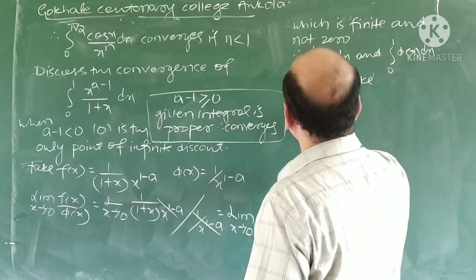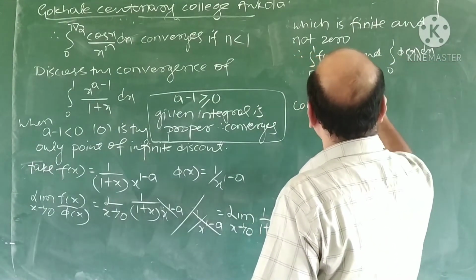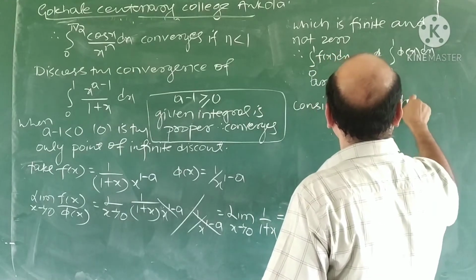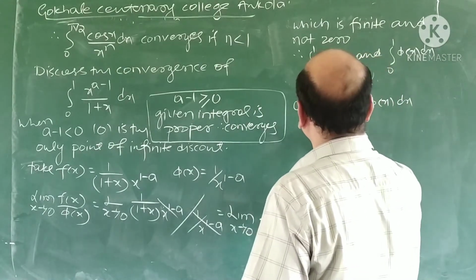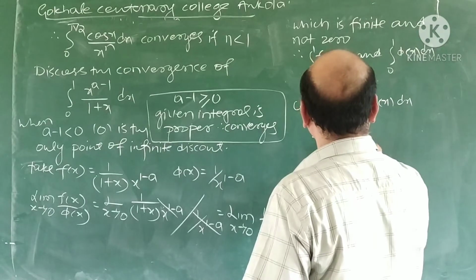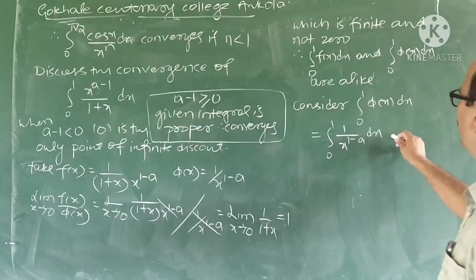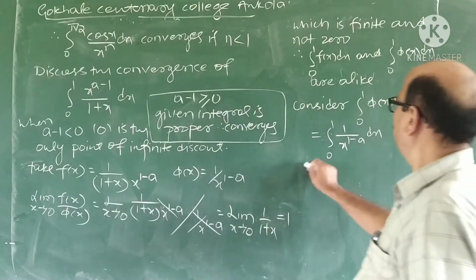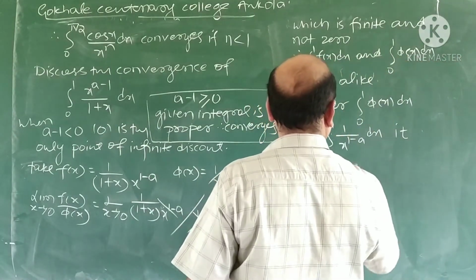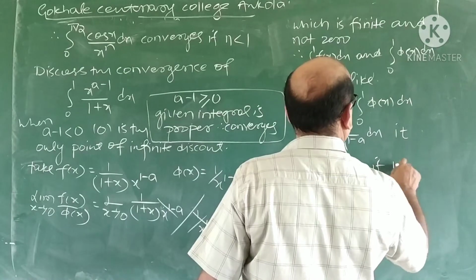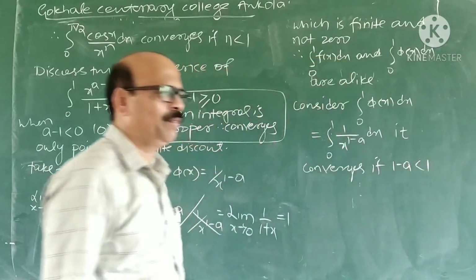Now consider the integral from 0 to 1 of phi(x) dx. It is the integral from 0 to 1 of 1 upon x raised to 1 minus a dx. It converges if 1 minus a is less than 1.